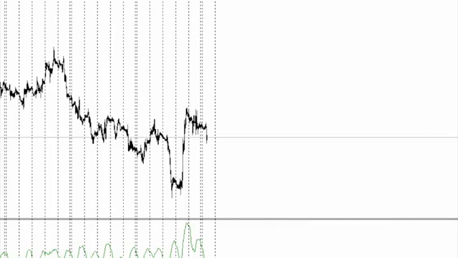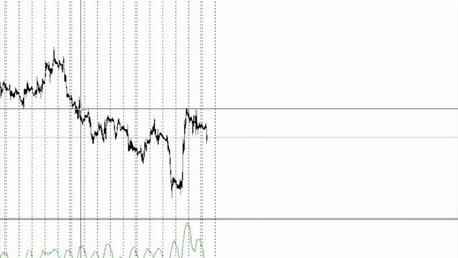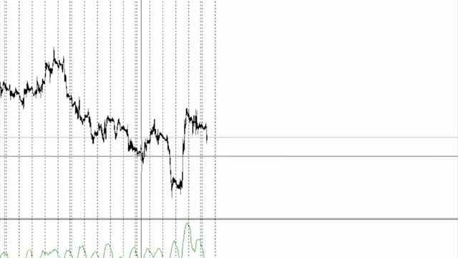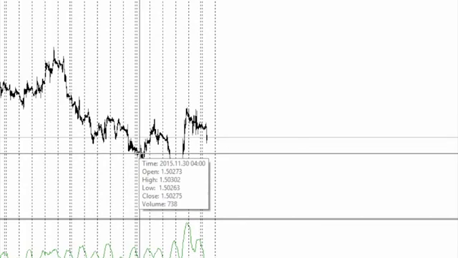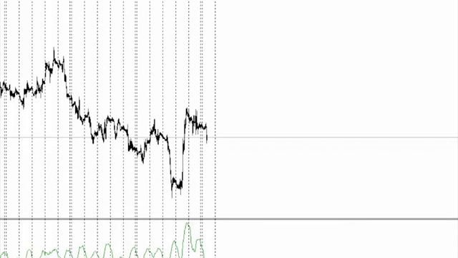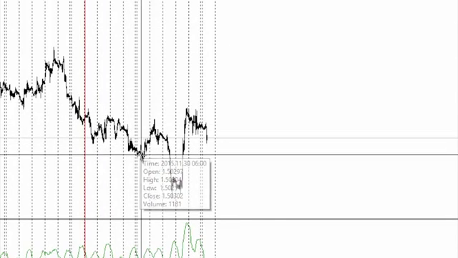Let's go to the chart and see what was happening on November 23rd. It is here, and we have seen the report here. So for the previous week open interest was increasing.